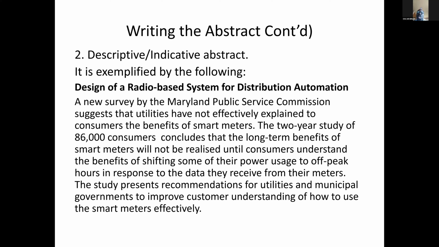So you see, you cannot use this type of abstract for a research paper. For a research paper, you have to tell us exactly what the information is in there. This one, of course, is somewhere in the middle. It gives you some of the method used, but you can clearly see the indicative nature of it, that it only points to what is in the distance, but not the substance.